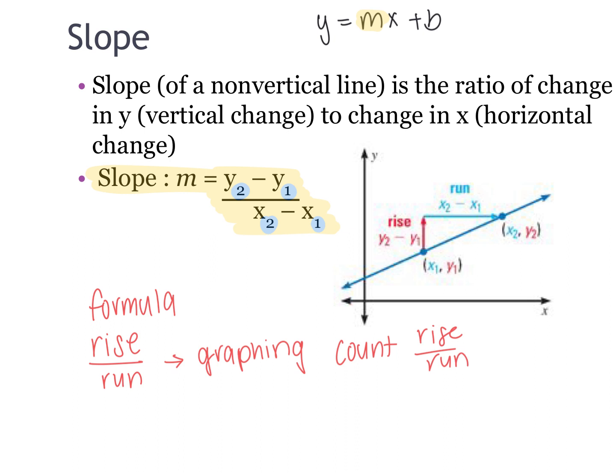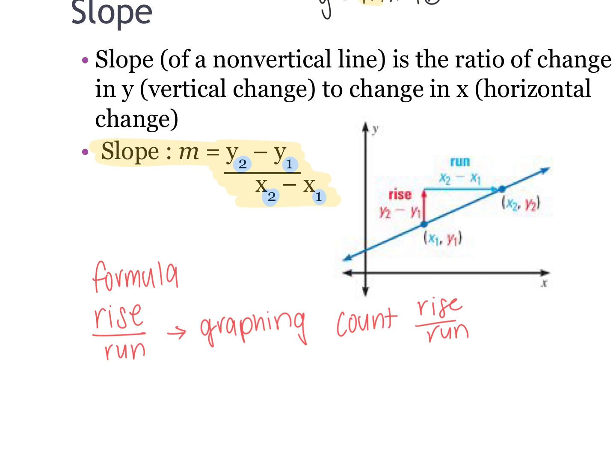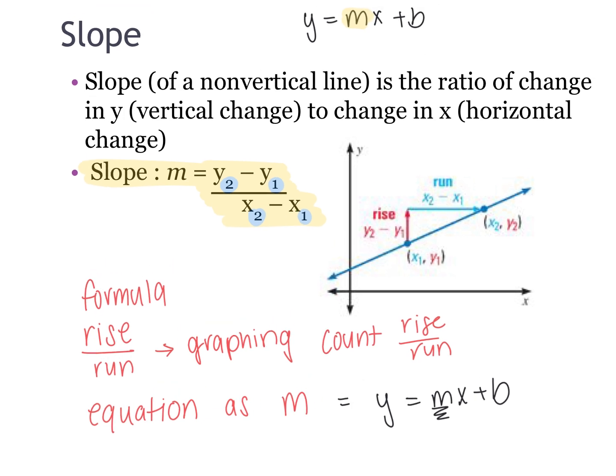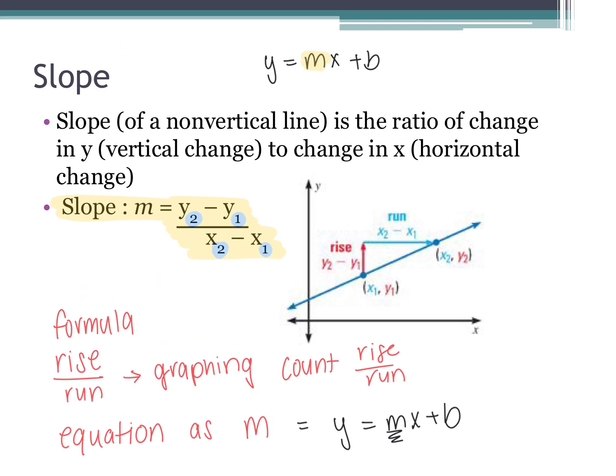And slope is used, yes, we said with the formula and in the equation as M in your y equals mx plus b. So slope is also found there. Okay, so a lot of information about slope, and we're going to be using slope a lot today and the remaining of class until your test on Tuesday.